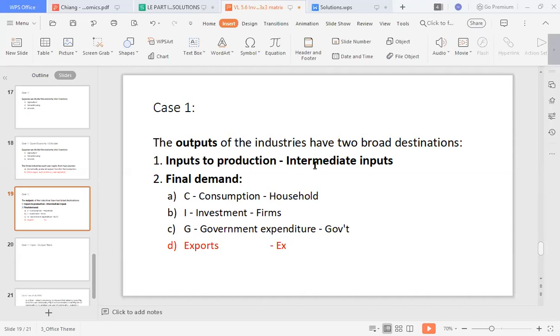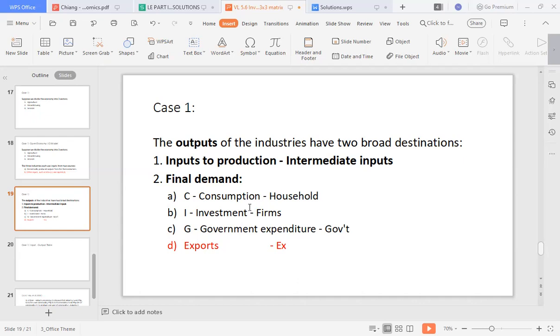It could be an intermediate input in other sectors, or it can be directly consumed by the final demand of households, firms, government, or exports.